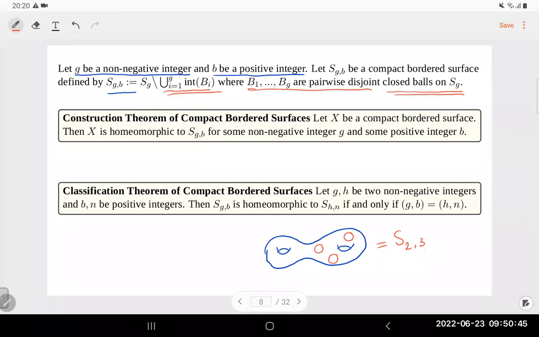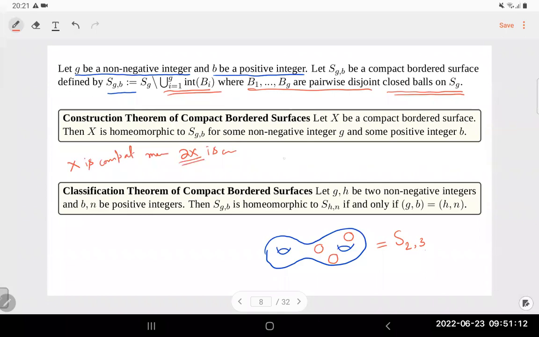This more or less follows from the closed surface construction theorem. Suppose you are given a compact border surface X. You know that abstractly it is a compact surface, which means its boundary also is compact. So X is compact means del X, because del X is a closed subset of X, is compact. And del X is a one-manifold without boundary.